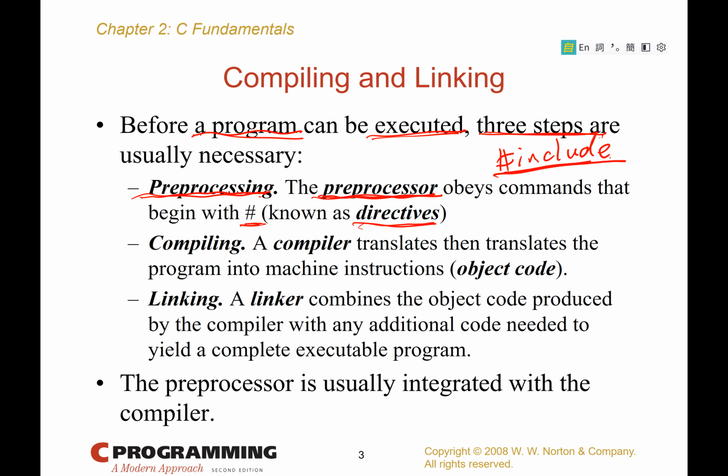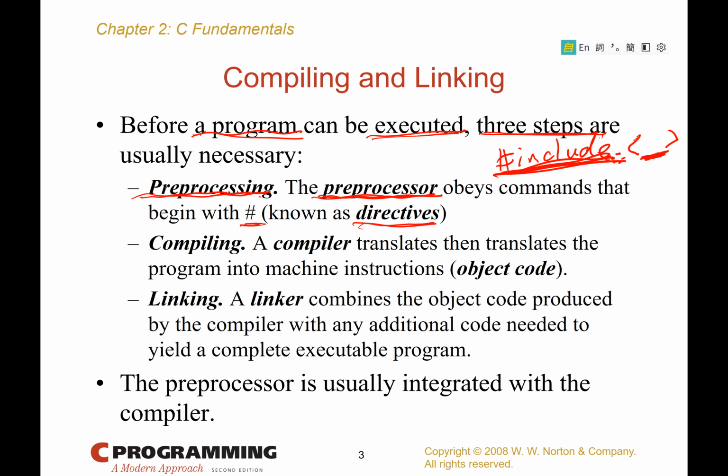This directive is a preprocessor command. When a preprocessor sees this command, what will it do? It will include the file content. Here, it will put the content of this file into this place.